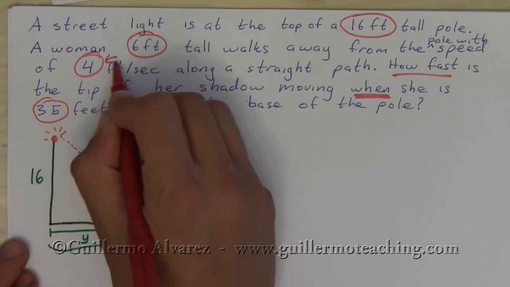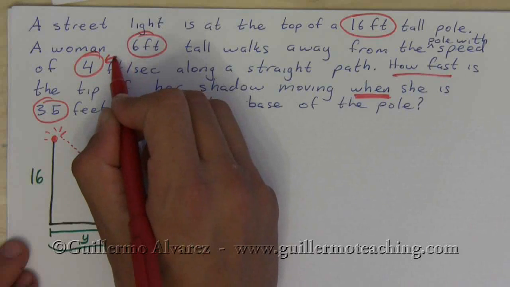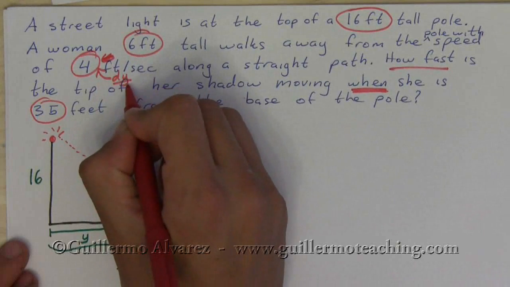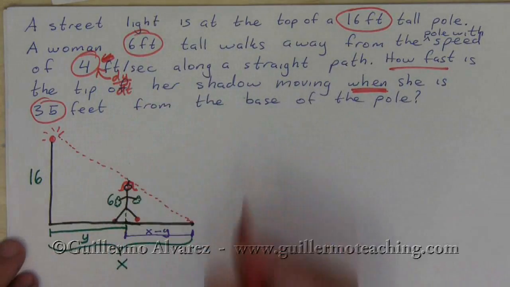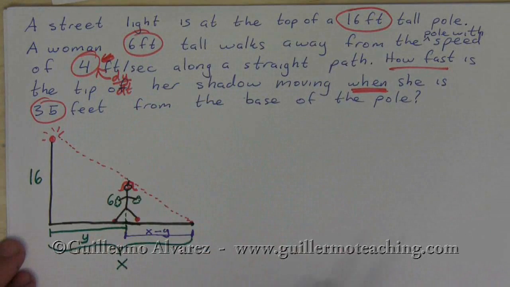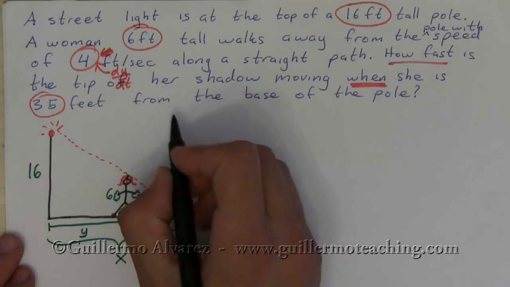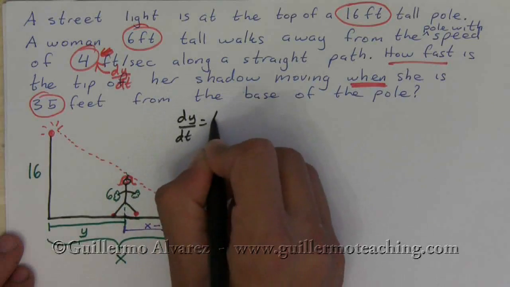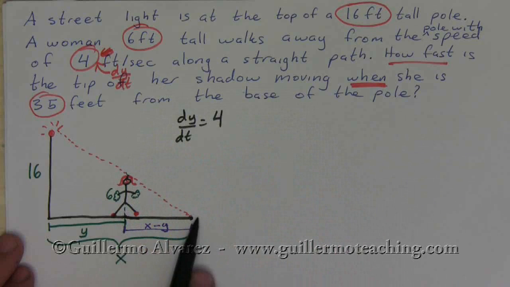So this 4 represents dy over dt. So then that means that dy over dt is equal to 4. And it's positive because the distance is increasing. Okay.